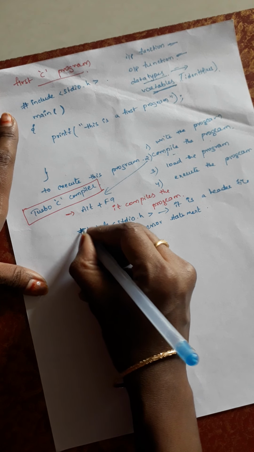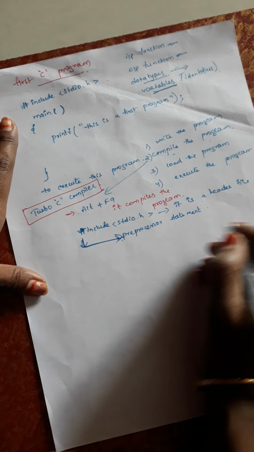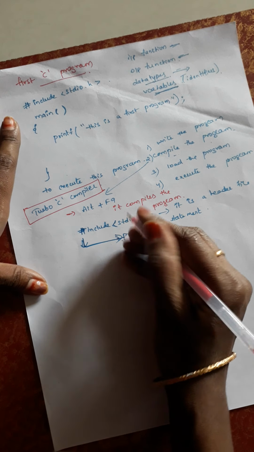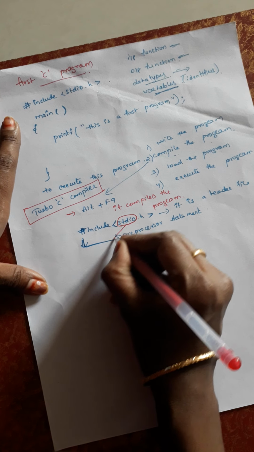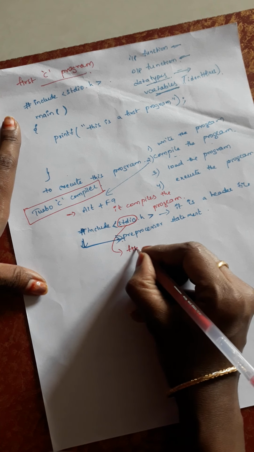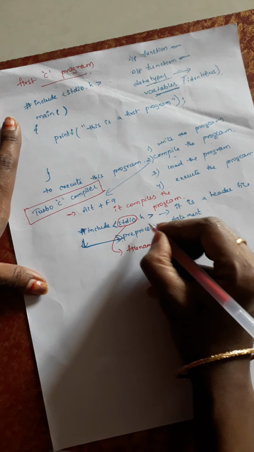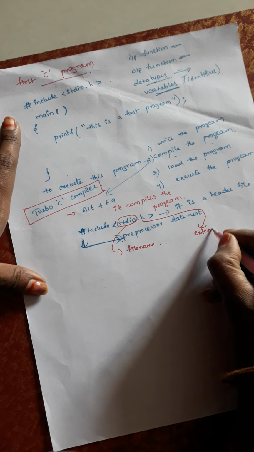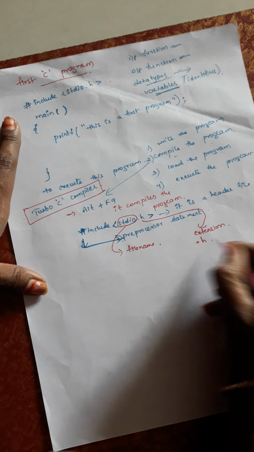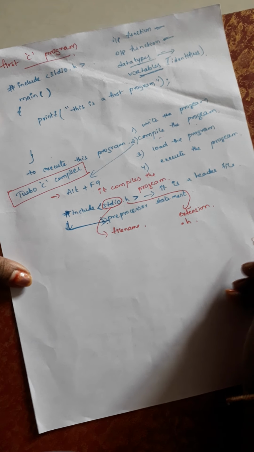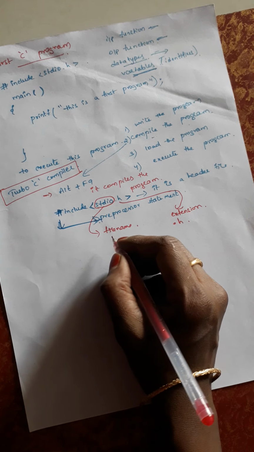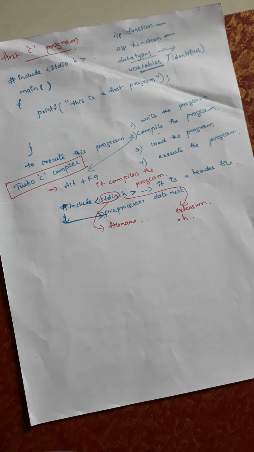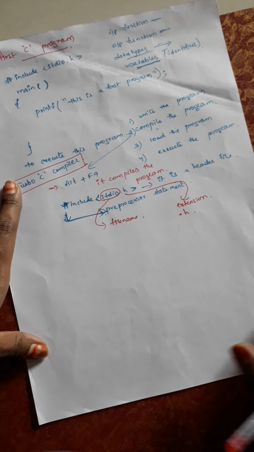What is stdio? Stdio is the file name, and .h is the file extension. What does std mean? Standard input output. Stdio means standard input and output.